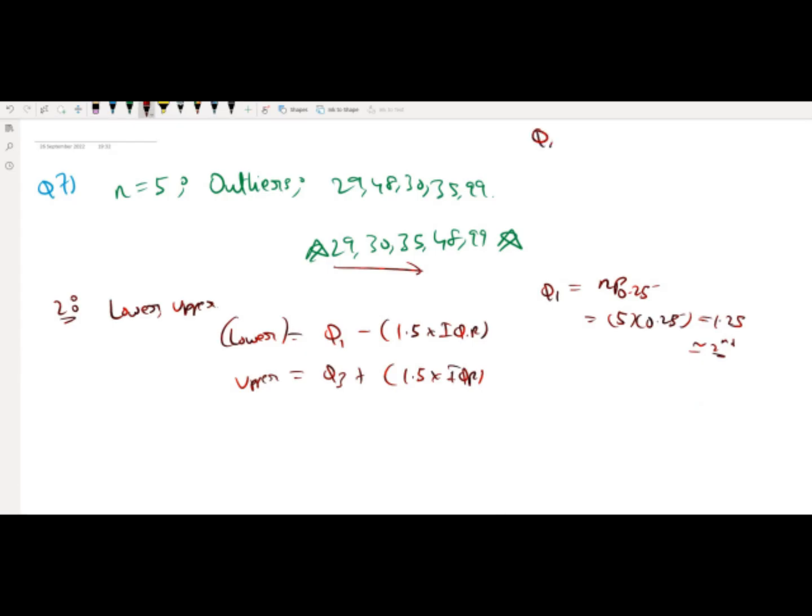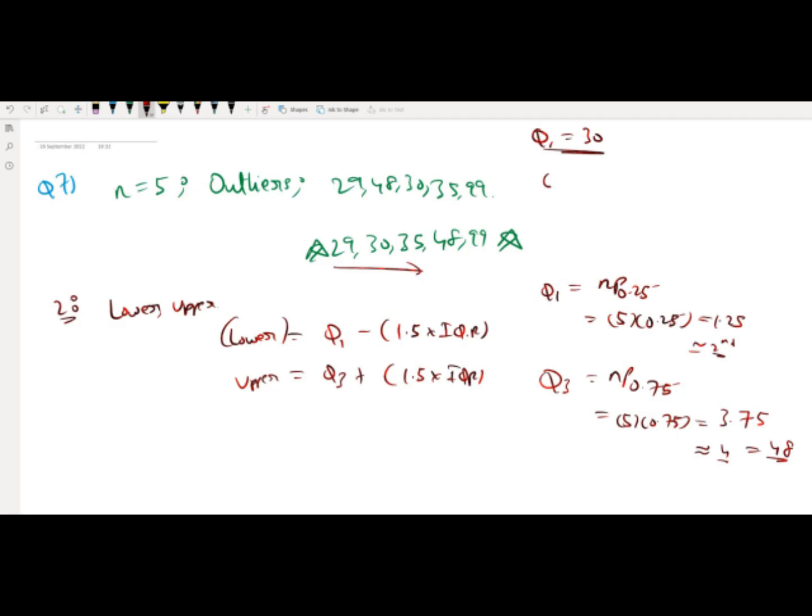I will write down here, we can subtract here itself because it stays on the top. And now what is Q3? Q3 is n into p, 0.75, 5 into 0.75, which is 3.75, and the nearest term is 4 and the fourth term is 48.